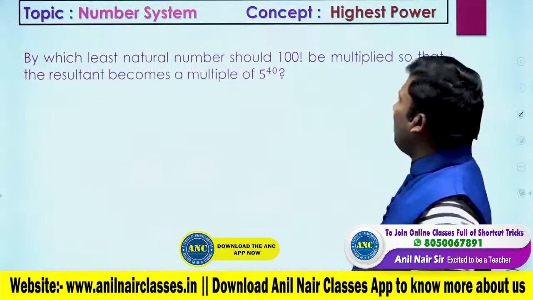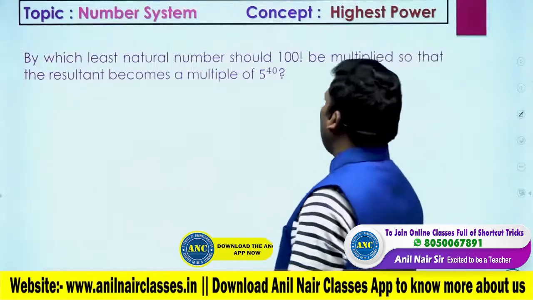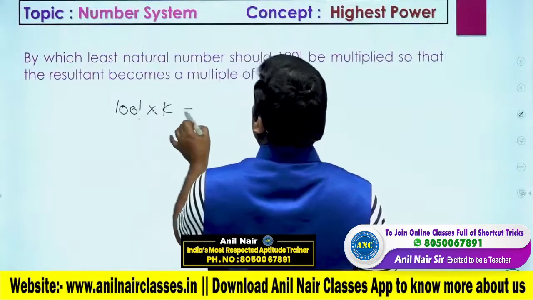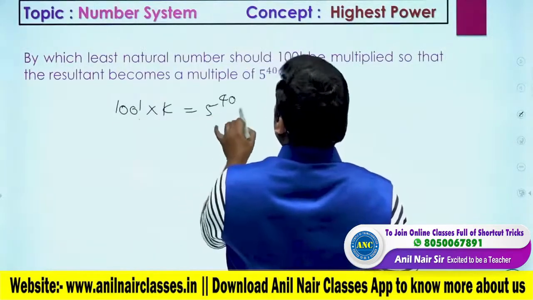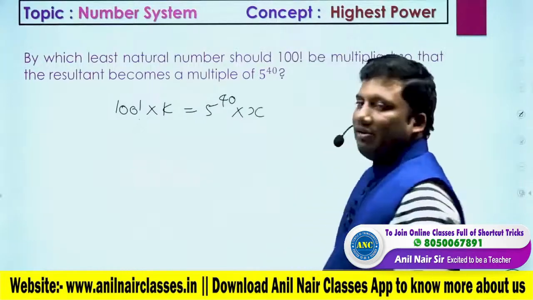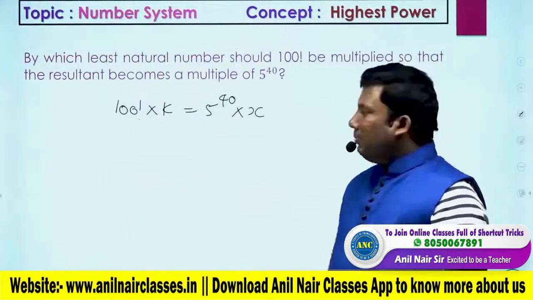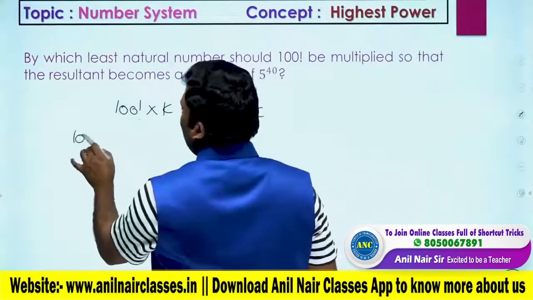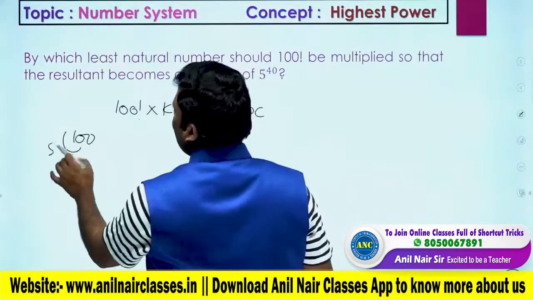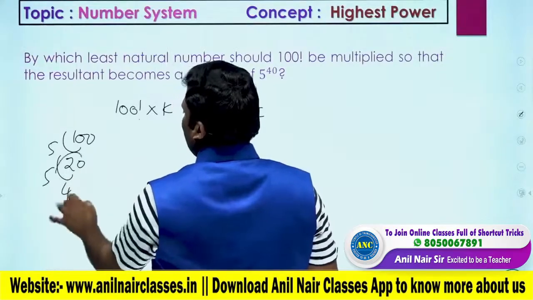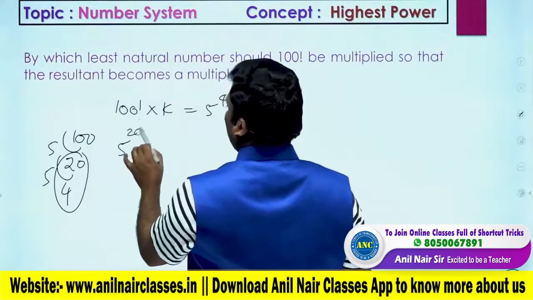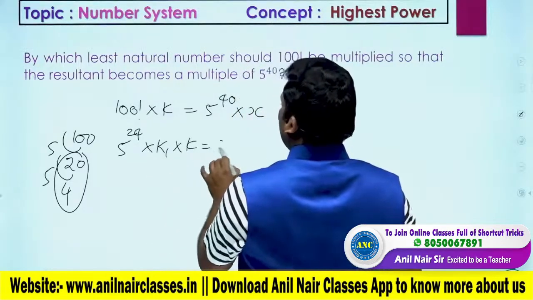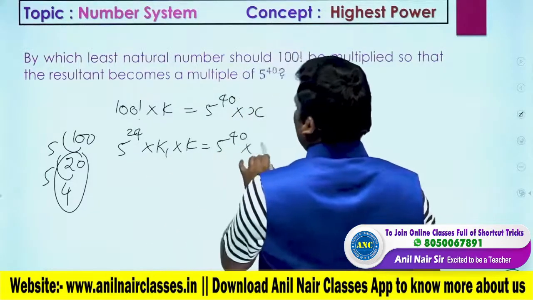By what natural number should 100 factorial be multiplied such that the resultant is 5 power 40? So it will be 5 power 40 into x. In the factorial, how many powers of 5 are there? It is 5 power 24 into k1 into k equivalent to 5 power 40 into x.